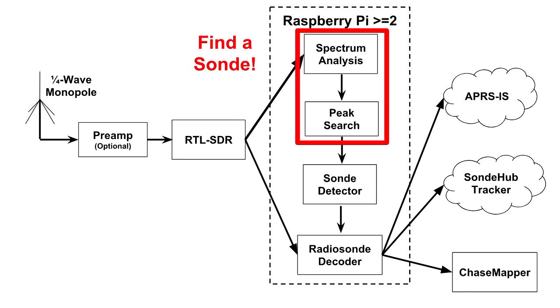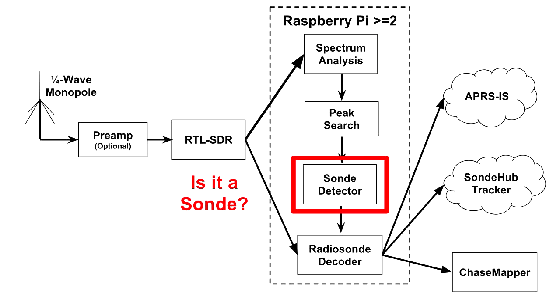Once we have a list of peaks, we have to determine if that peak contains a radiosonde signal. Thankfully, radiosonde telemetry has certain characteristics that we can exploit. We know what the baud rate is. We know what the header of each telemetry packet looks like. So the sonde detector part of the signal processing chain does this FSK, frequency shift keying demodulation, and looks for these known headers.